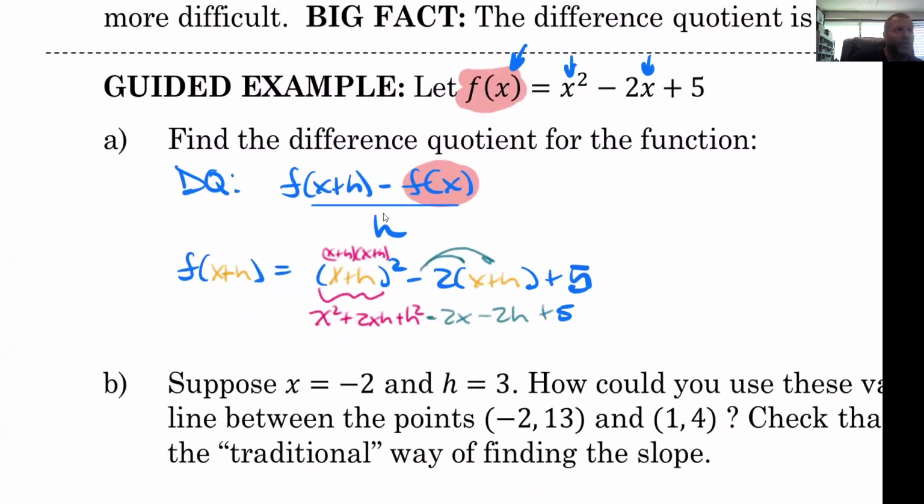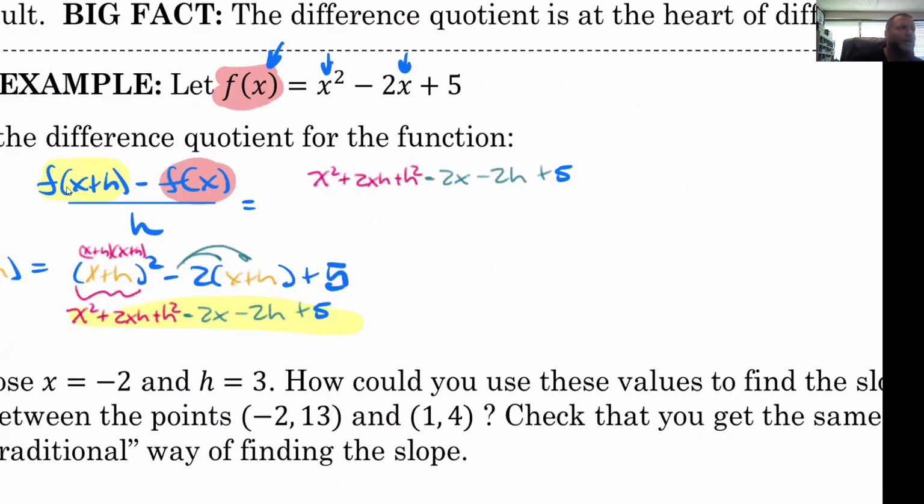So now let's just throw everything into our difference quotient. f of x plus h, I now know what it is: it's this whole entire quantity there. So here's my f of x plus h. The second mistake that students make is they don't realize that they're subtracting all of f of x. In another video, I said it's always helpful to think of inputting things in parentheses.